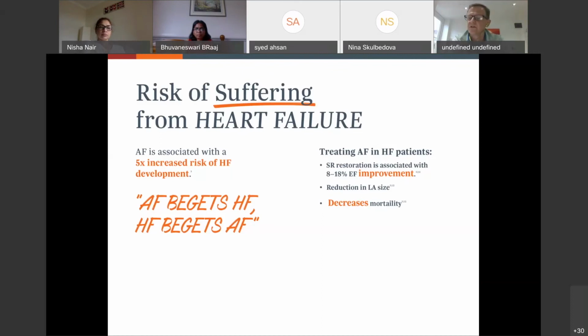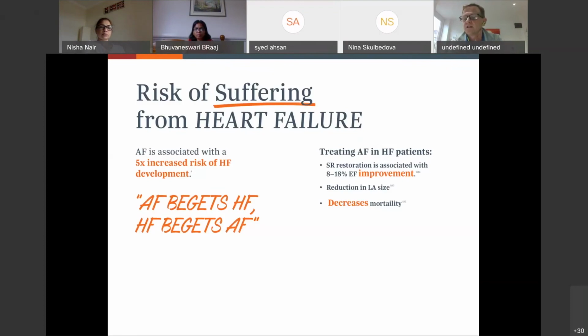But the reciprocal is true as well: patients who have heart failure have a high chance of developing AF. But by treating the AF, you can restore sinus rhythm, which can significantly improve the ejection fraction and help bring down those breathless symptoms that patients have.